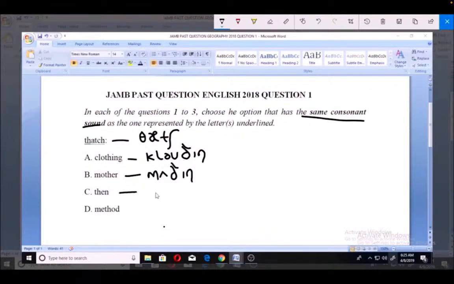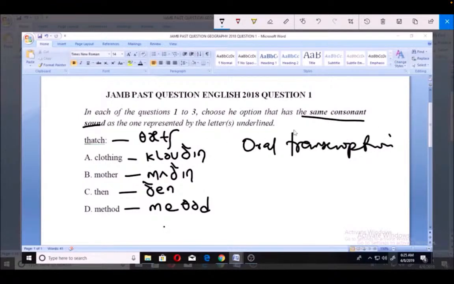Then we'll talk about then, which has the th sound, E sound and N sound. Then we'll talk about method, which is the sound of M, E, then th just like we have up here, then very short uh and D. So this is the oral transcription for the various words that we have.